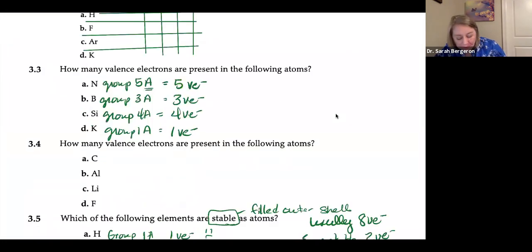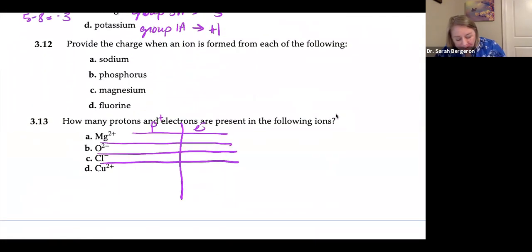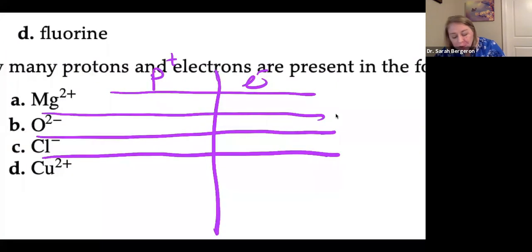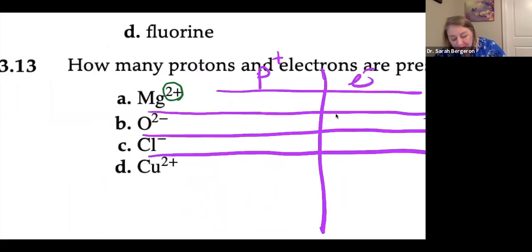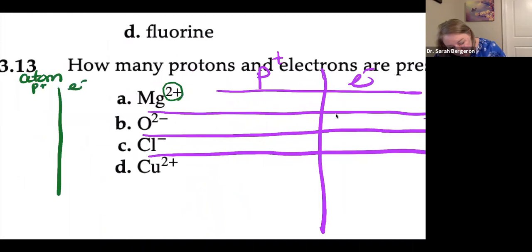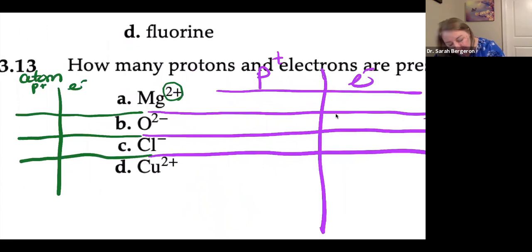So let's go down and see what we had to do. So magnesium 2+, right? Our initial atom, we had 12 and 12 protons and electrons.